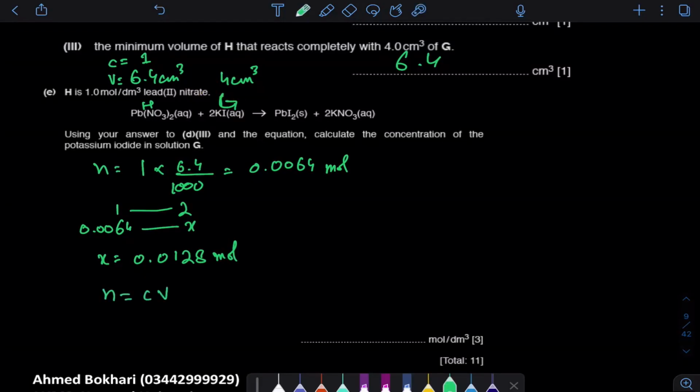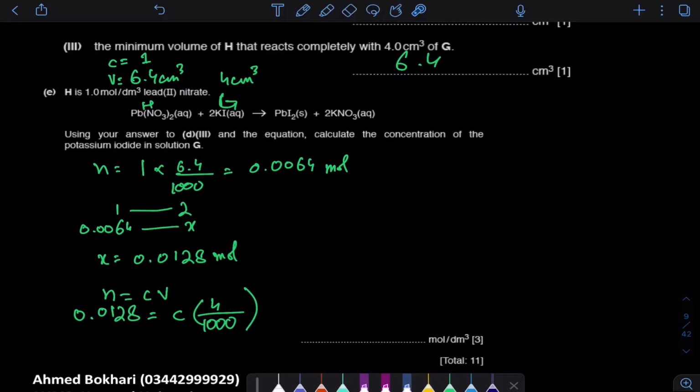Again, n equals CV. Even though the formula is not required, I always write the formula because later on I can come back to it and see what I did. And don't forget to divide the volume by 1000 to convert it to dm cube. And there you go. I'll just solve it and I will get my answer.